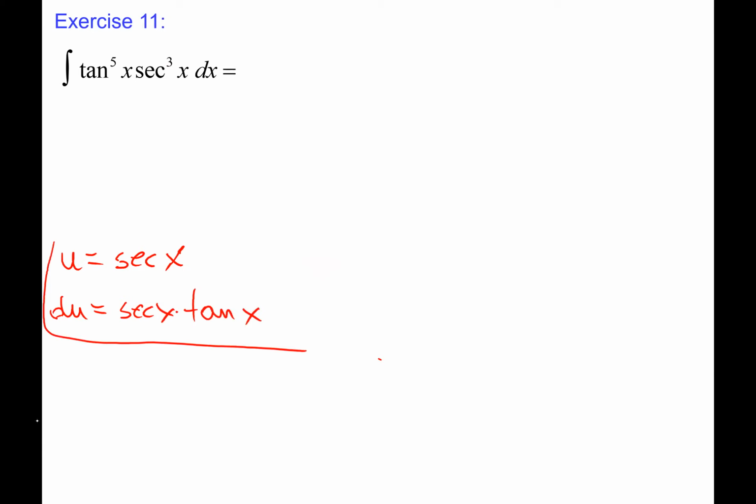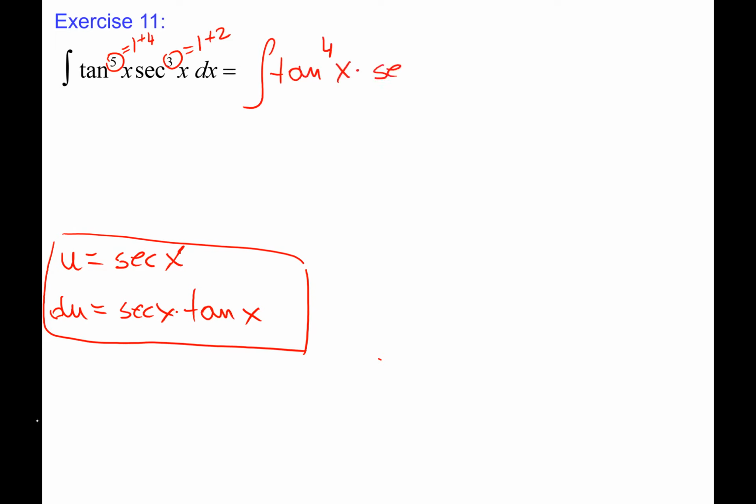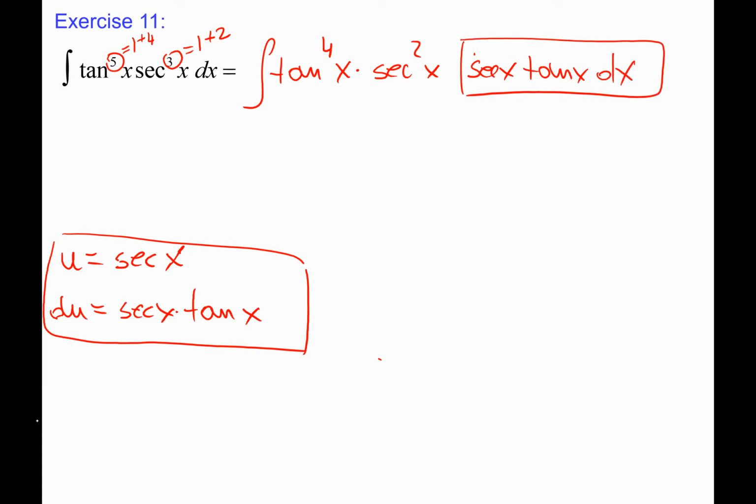That means I have to pull out one tangent and the remaining power will be 4, and I have to pull out one secant and the remaining power will be 2. Let's do it. Tangent to the power of 4 will stay, secant to the power of 2 will stay. And then I will have one secant, one tangent left, but it's important because this is my du.